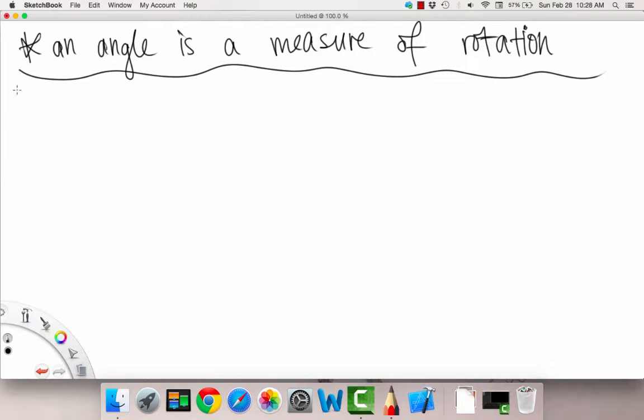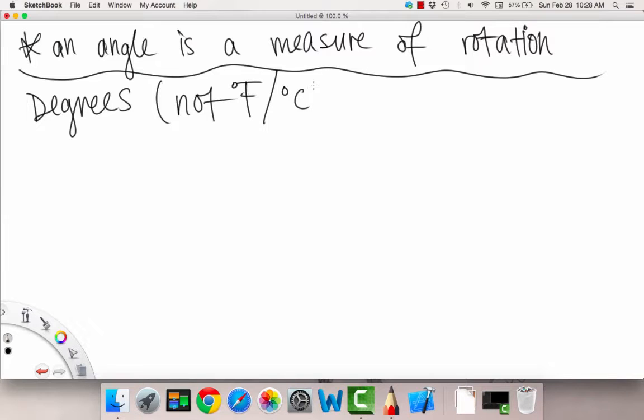We should perhaps be familiar with degrees. Not degrees Fahrenheit or degrees Celsius, but degrees as in 360 degrees is equivalent to one full circle. Let me just write that.